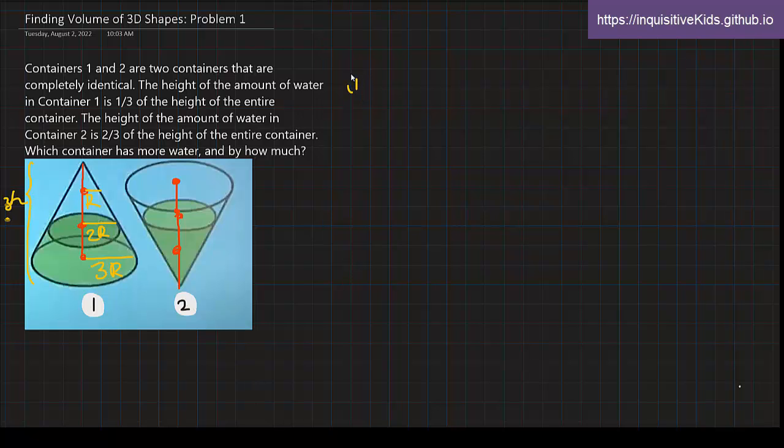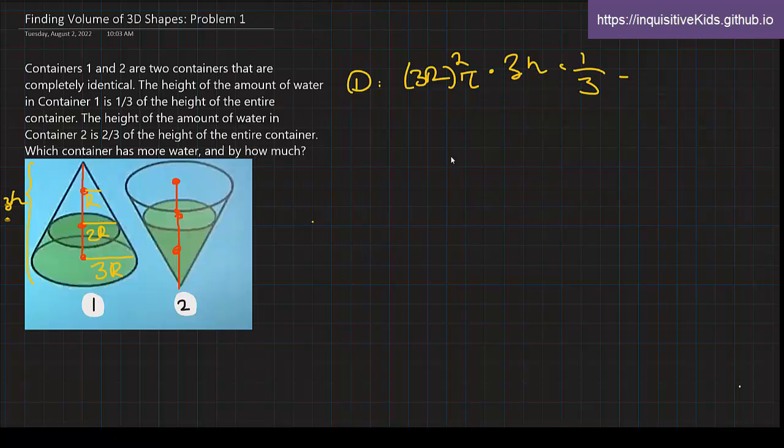If this is figure 1, to find the amount of water that's in it, we can first find the volume of the entire cone and then take away the volume of this smaller cone right here. So we do 3R squared times pi times 3H, so this is the entire cone, times 1/3.